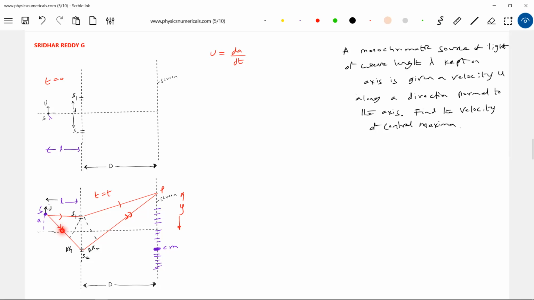The ray 2 will cover more path before the slits compared to ray 1. So therefore, what is the net path difference? The net path difference should be equal to delta x2 plus delta x1.